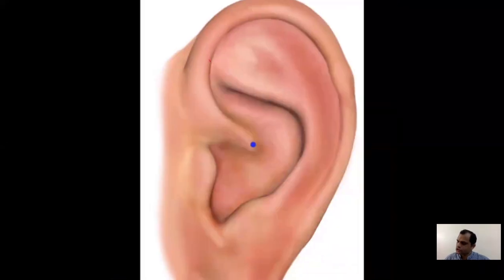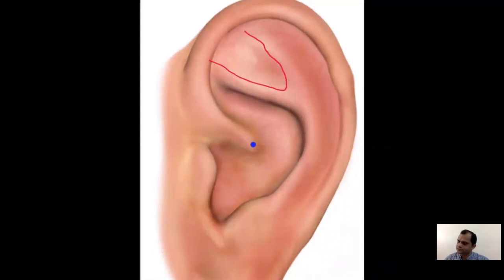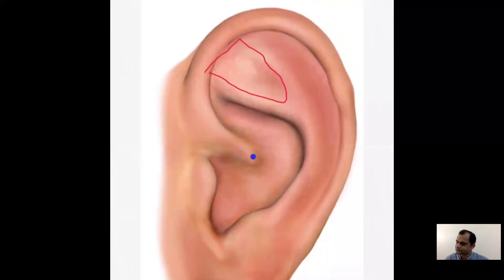So this triangular fossa can be divided into 8 parts: one, two, three, four, five, 6, 7, and 8.